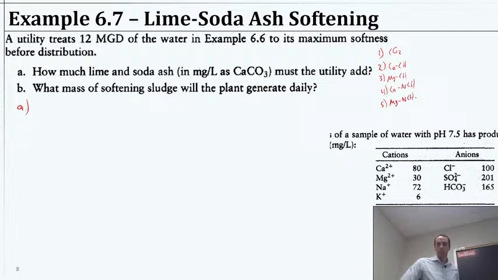So I think the first thing we ought to be looking at with this problem is our data is given in milligrams per liter. And we're asked to give an answer in milligrams per liter as CaCO3. So one of the first things we ought to do is convert each of these to milligrams per liter as CaCO3.